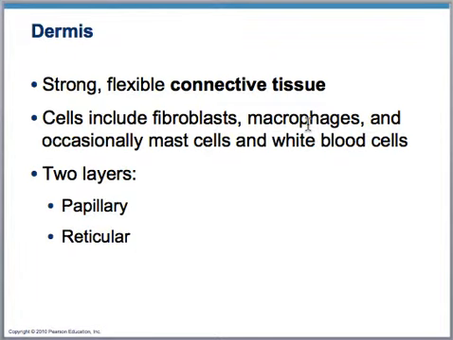We have macrophages, which are cells that are going to engulf or phagocytize debris or broken cells, and occasionally mast cells and white blood cells that contribute again to that immune response. And we have two layers, a little easier this time, two layers of our dermis, the papillary layer and the reticular layer.